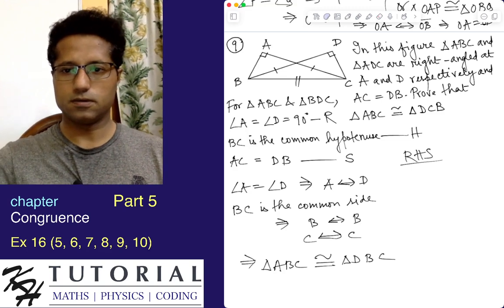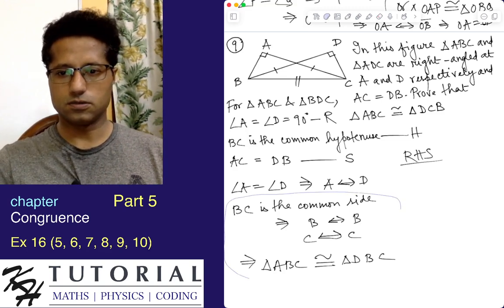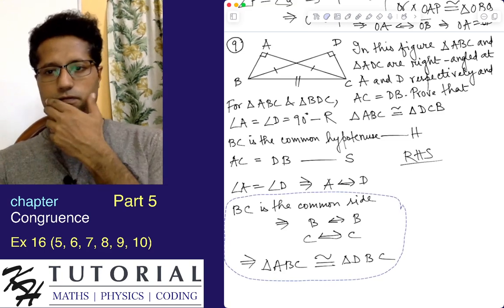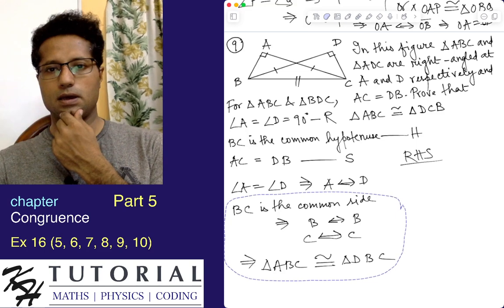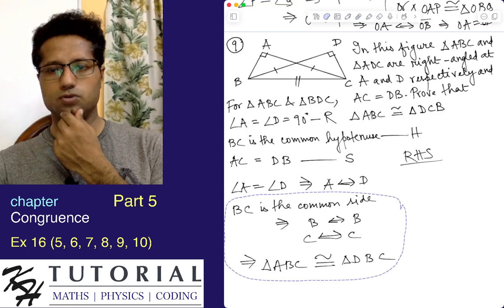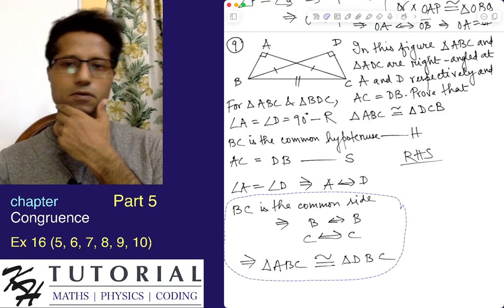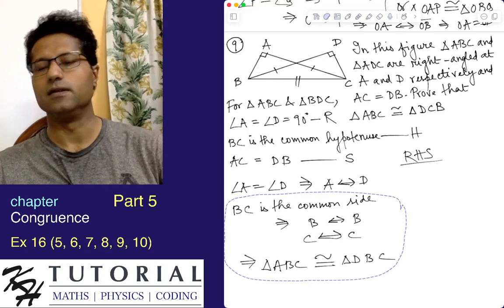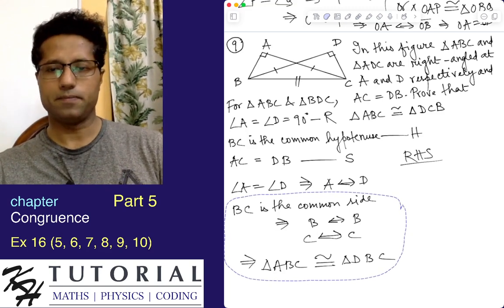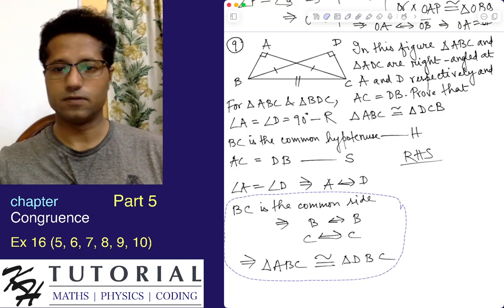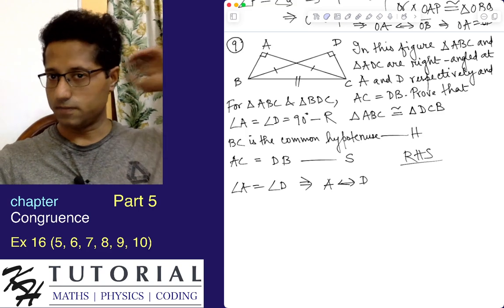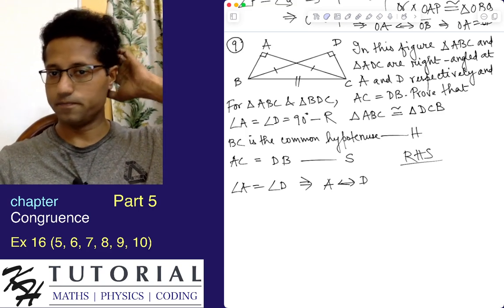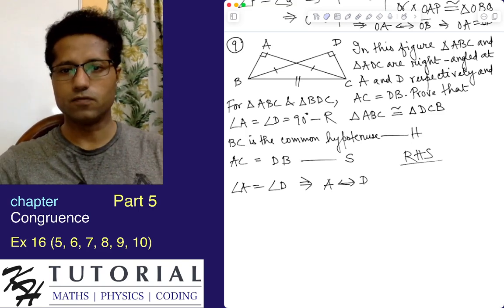I'm sorry, this logic is not working. Maybe this is not working because it has asked to prove that ABC is congruent to triangle DCB. Okay, let's see. So what else do we have?